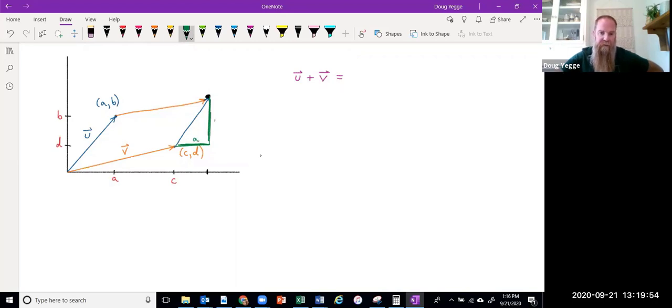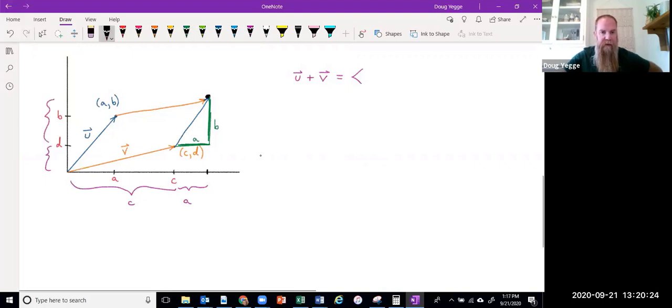If this extra amount is a and this extra amount is b, then for my vector u plus v, I'm adding together c plus the additional a. And for my y-coordinate, I'm taking my value d and adding on the additional amount of b, which is going to end at this location here.